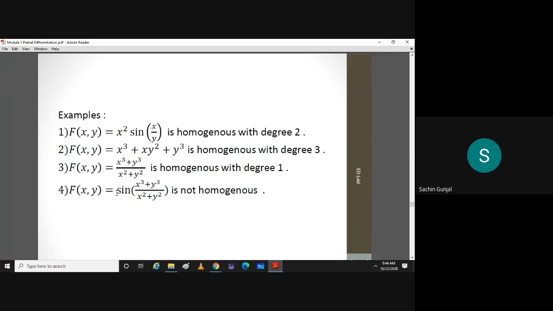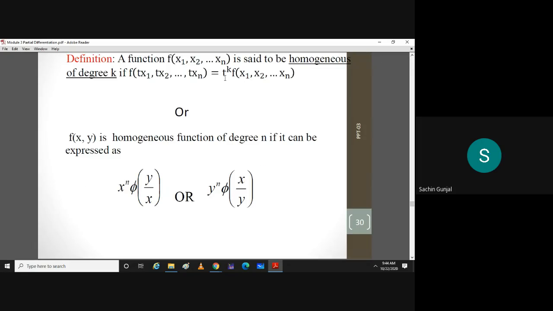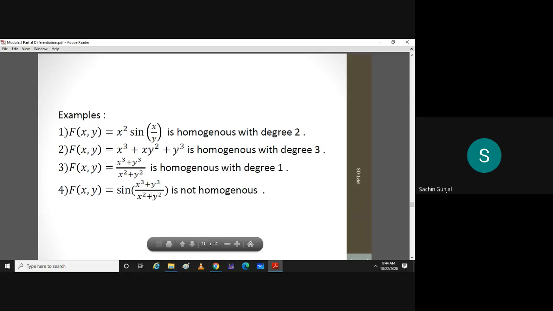My definition says that the power of t should be out of the function, t raised to k and then the original function. Here the power of t is there, but it is inside the function. Therefore this fourth example is not homogeneous. Understood?